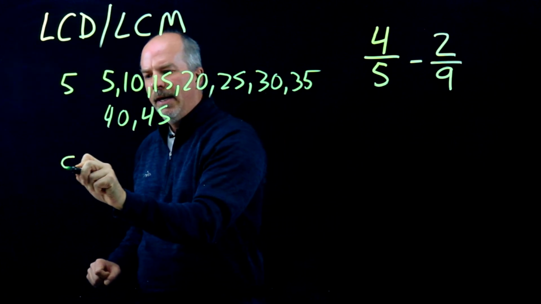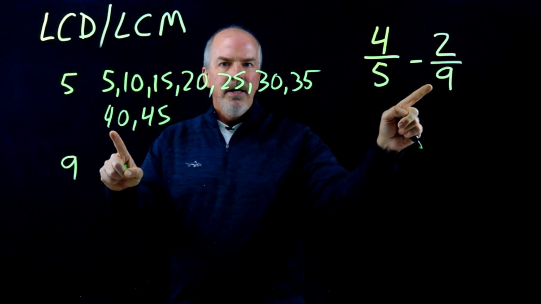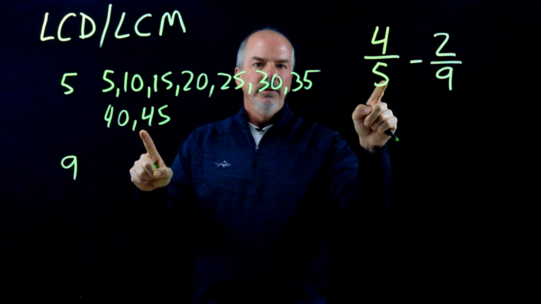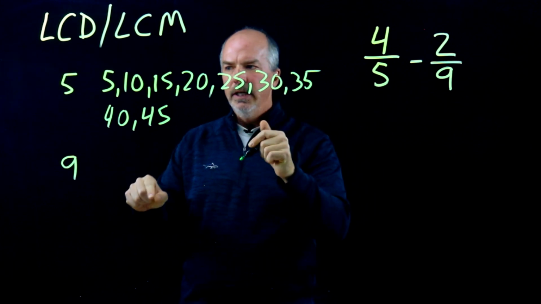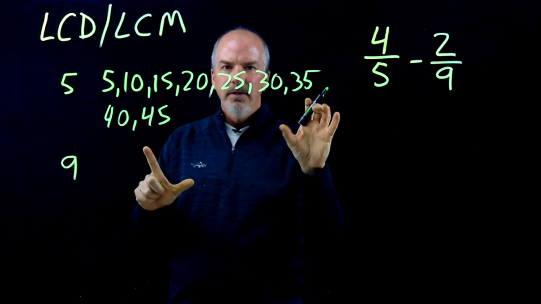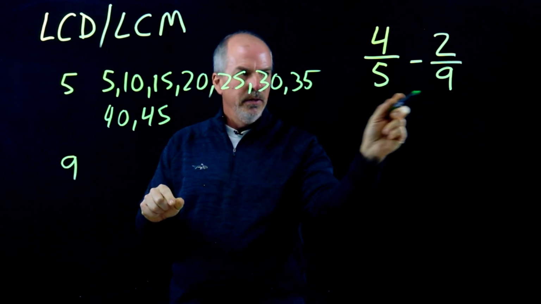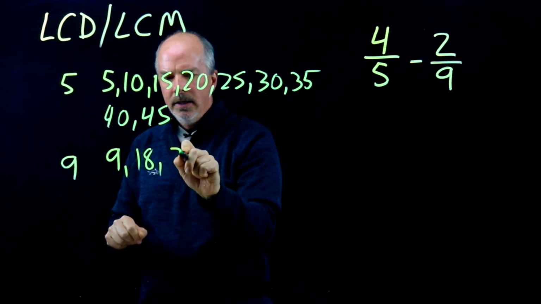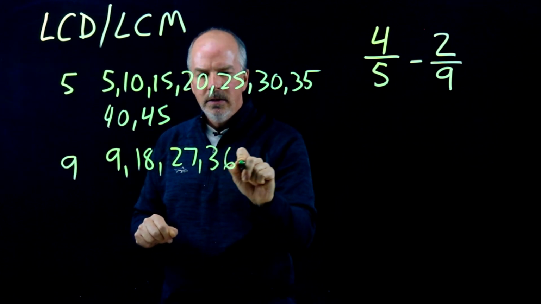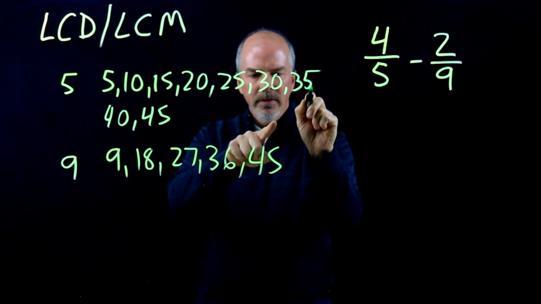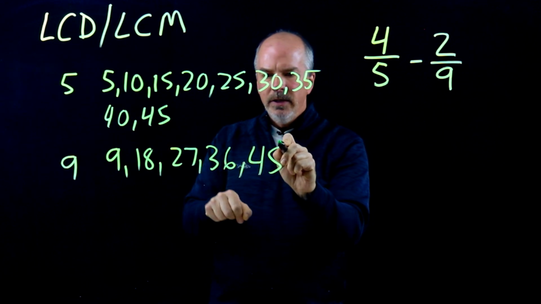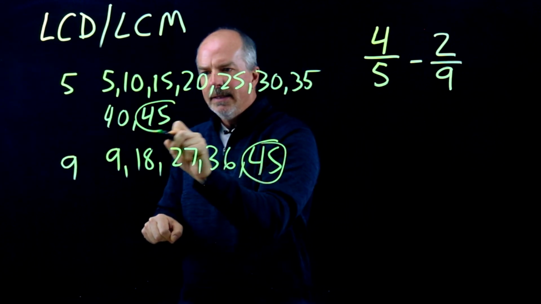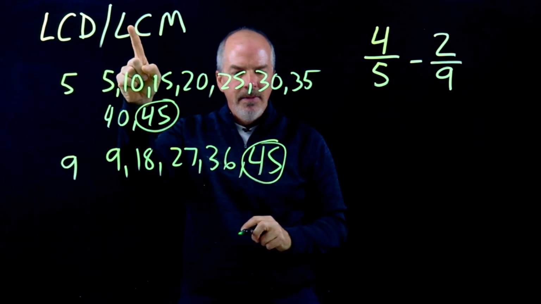Multiples of 9: now I know that I'm going to need a multiple of 9 that ends in a 5 or a 0, because multiples of 5 all end in 5 or 0. But I know 9, 18, 27, 36, 45. There's my multiple that ends with a 5. So yes, 45 is the least common multiple and the least common denominator.